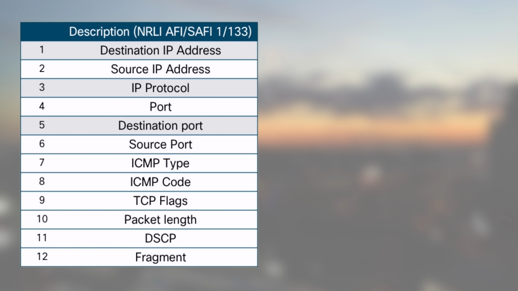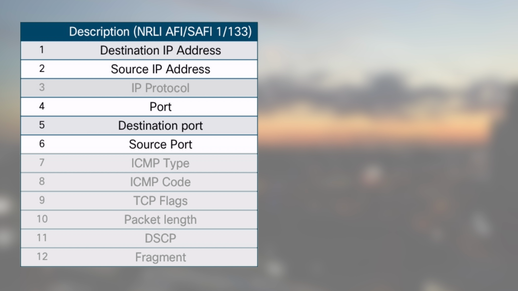In this case, BGP is used to transport what we call rules between a controller and clients. These rules are made of two elements. A description, that's a field coming from the layer 3 and layer 4 IP headers that we will use to identify specific packets.